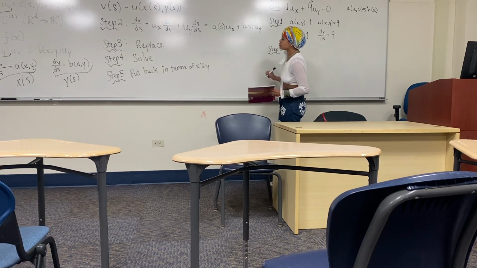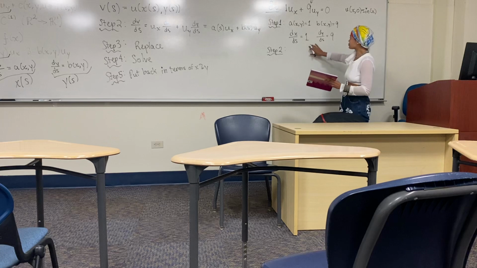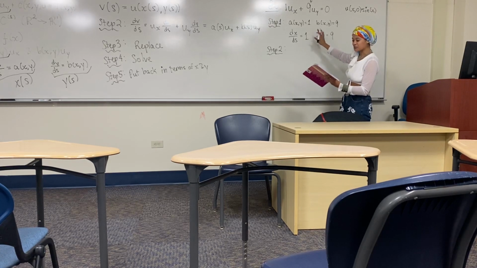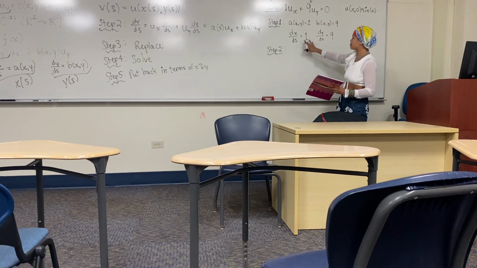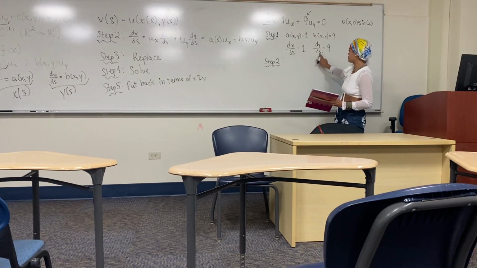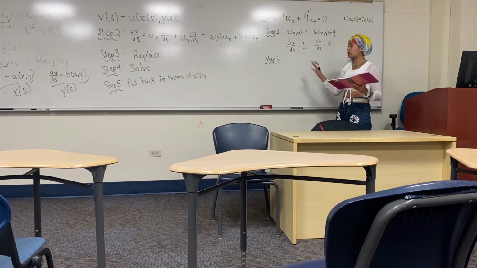All right, in step 2, what we want to do, my bad, I misspoke, is solve for x and y, since we've already parameterized with respect to s, okay? And we're going to solve like we would solve any separable equation.